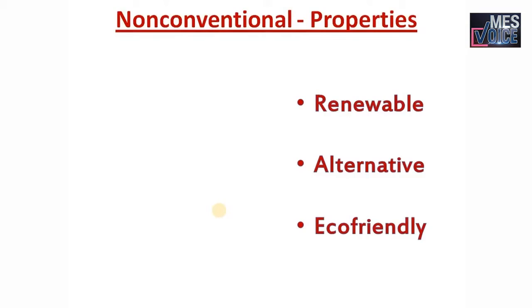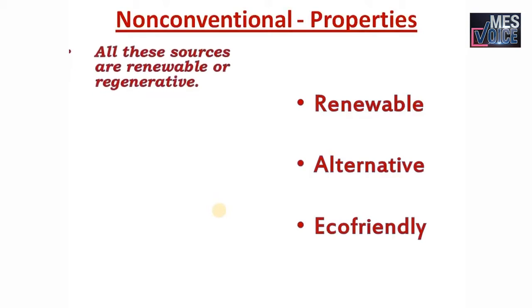So now let us see, one by one, some specific properties of non-conventional energy sources. First, all these sources are renewable or regenerative. Regenerative means something which will be produced repeatedly. They are not going to be finished once, but that is not the case with conventional sources.